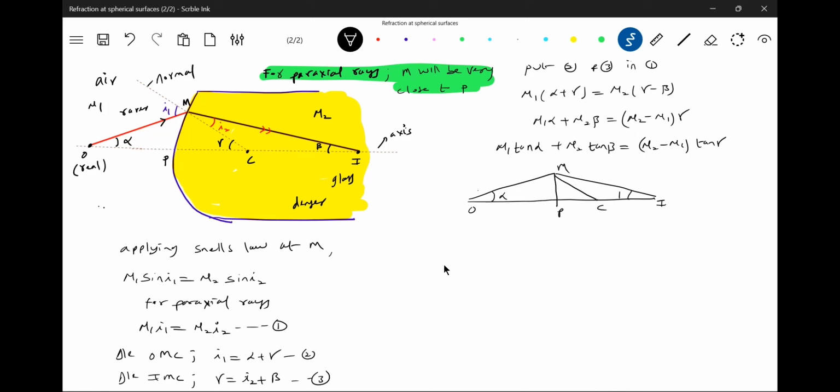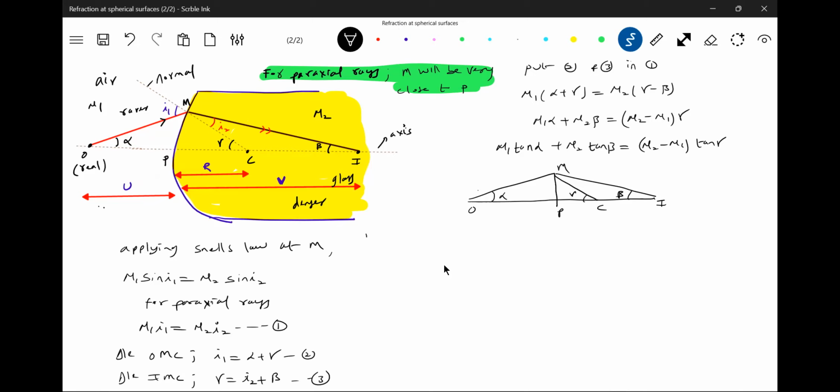This is alpha, beta, this is gamma. These distances will be indicated here. This will be u, this will be r, and this will be v. Object distance: all the distances I'll measure from the axis, from the pole. What is P?